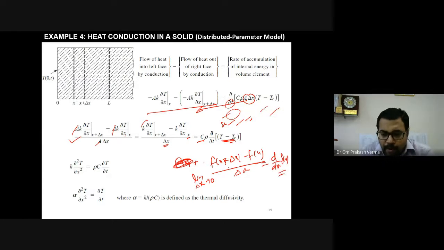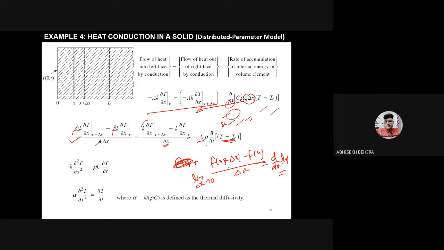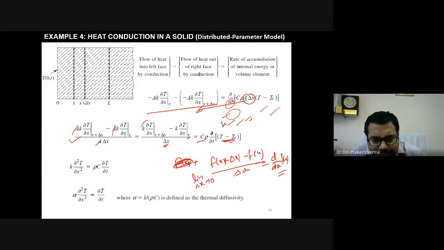Yes, sir. So it is d by dx of del T by del x, which is again one derivative, so it ultimately becomes the second derivative.